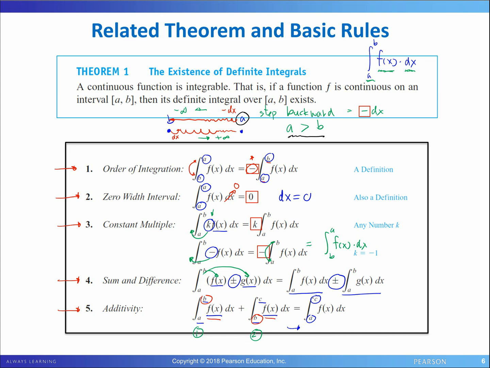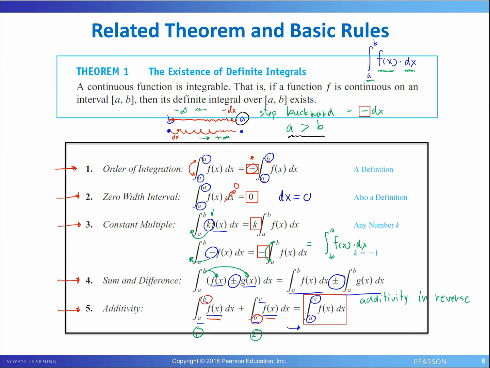Let's assume that you have a definite integral, any definite integral. Let's assume that it's this one, starting from a and ends at c. And now we apply additivity in reverse.